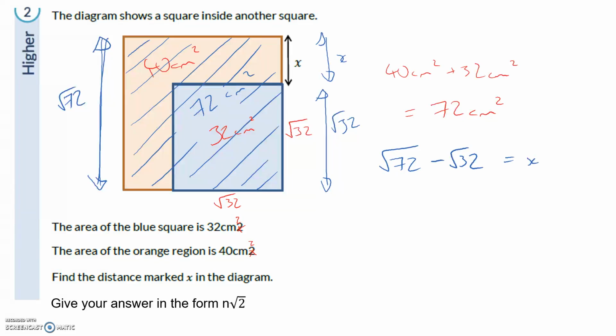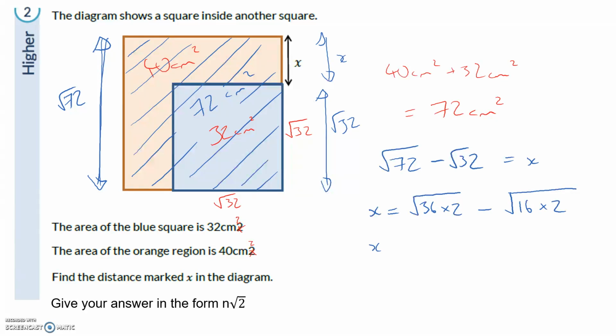So we've got to get our answer in the form n root 2. Root 72 is the same as root 36 times 2, and root 32 is the same as root 16 times 2. So what we've done there is we've chosen two factors of the 72 and two factors of the 32 to get one number that's a square and one number that's 2.